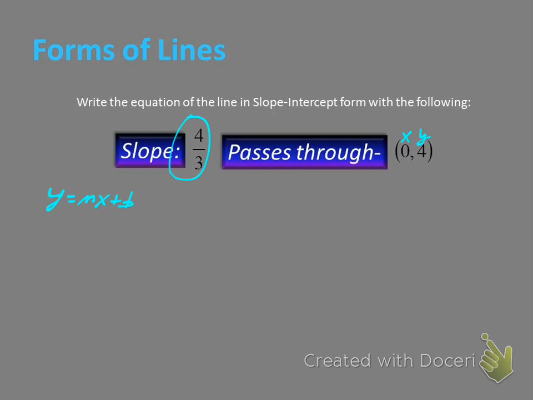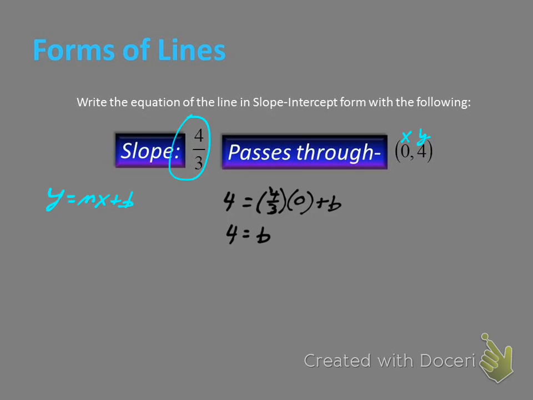So 4 equals 4/3 times x, which is 0, plus b. And then you solve for b. Sometimes that'll be nice, sometimes it won't be so nice. This one's really nice, because 0 times 4/3 is 0. 0 plus b is b, so b equals 4.